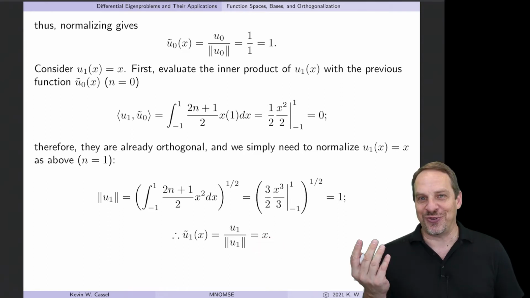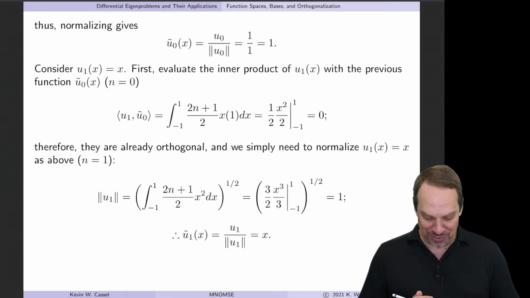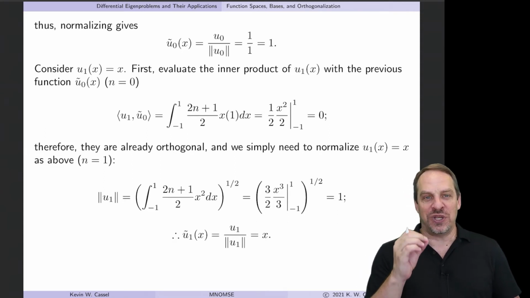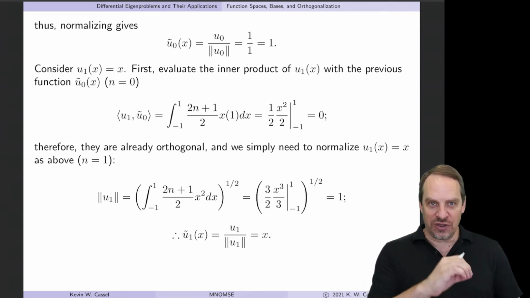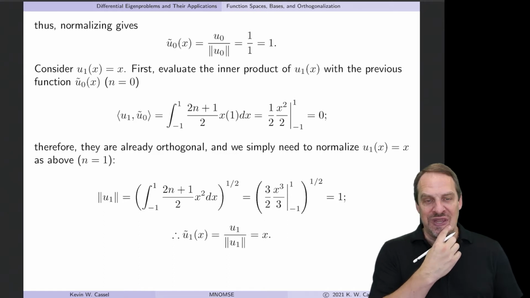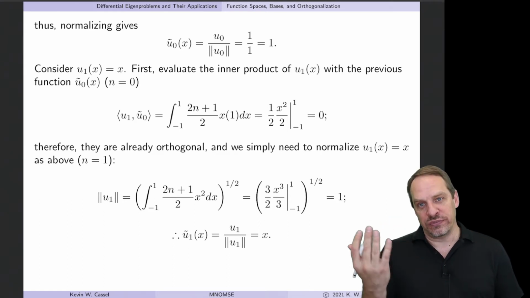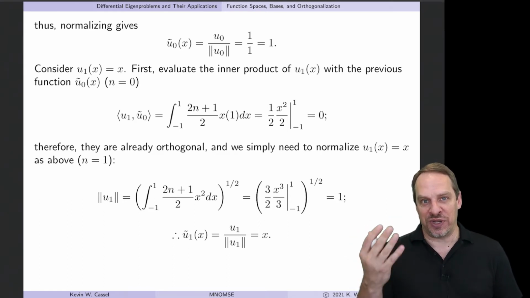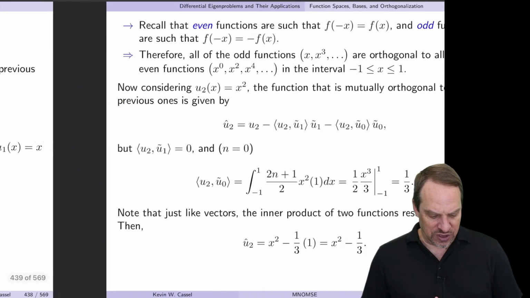So far it doesn't look like anything interesting is happening, but what we've done is confirm that u1 is indeed orthogonal to u0, which we didn't know ahead of time, and we've normalized both, which ends up dividing by 1, but nevertheless we know that they're normalized.